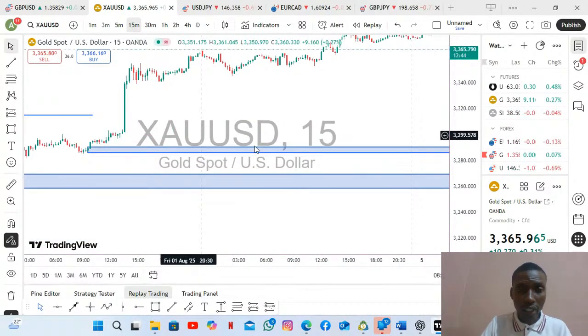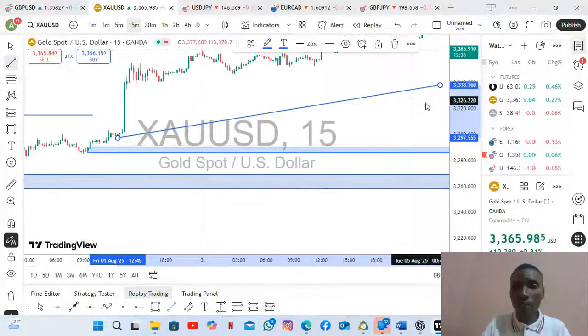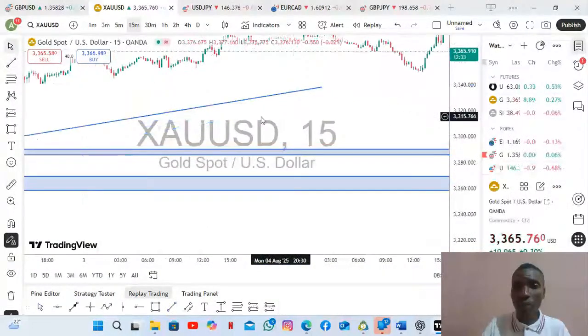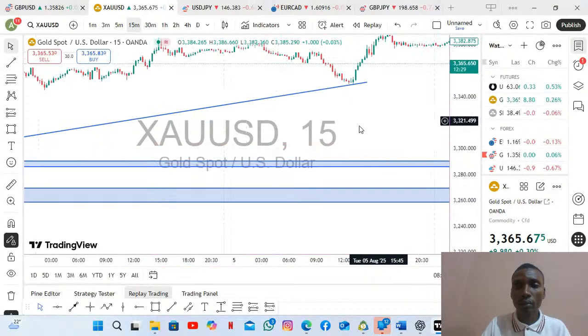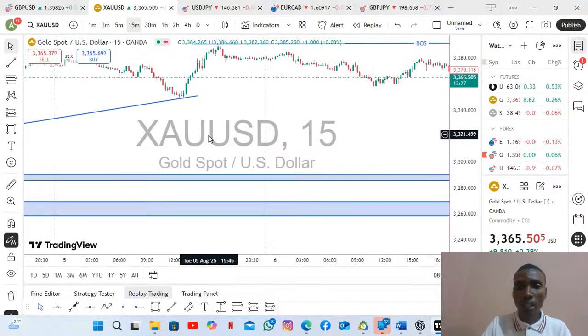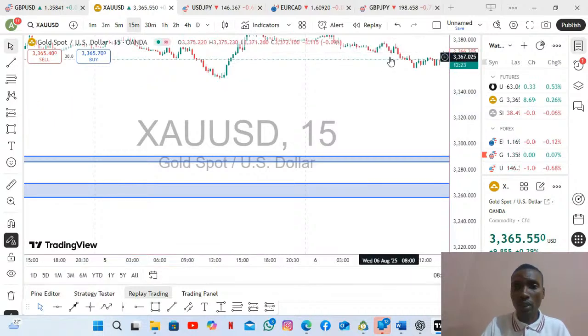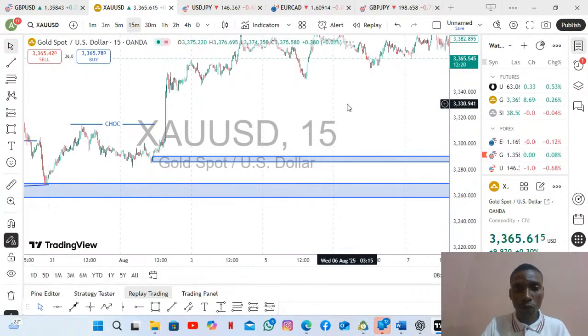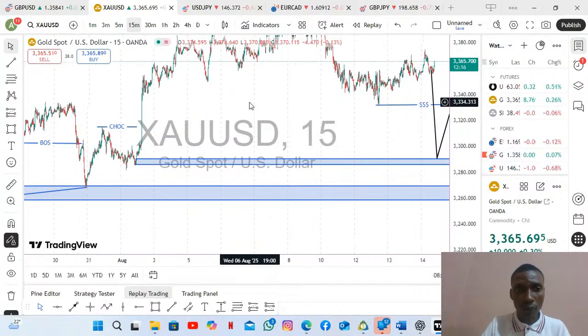And from here, if you can see well, we are taking note of this liquidity here. That's the liquidity that has been taken care of. Let us just leave this one. Let's not complicate matters. So this is what we have here in 15 minutes.